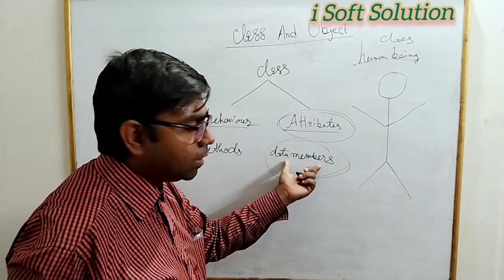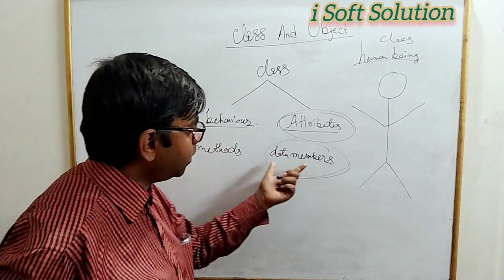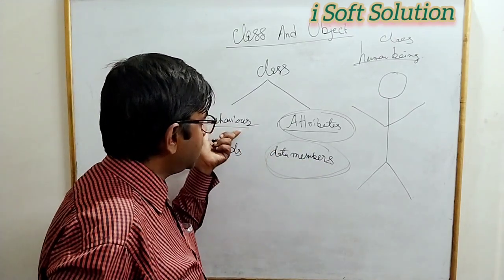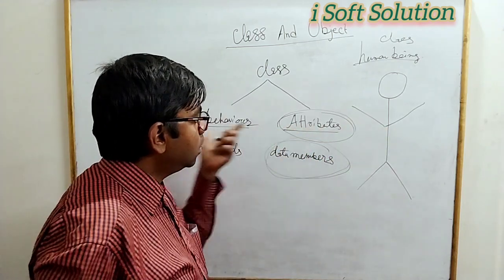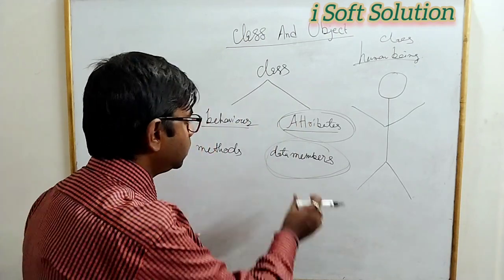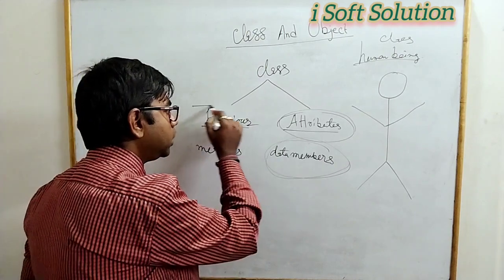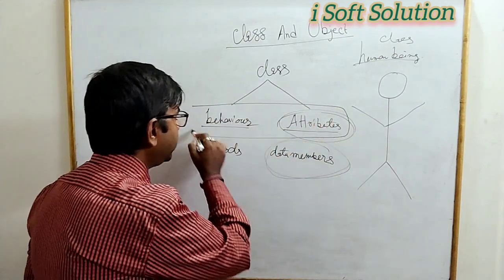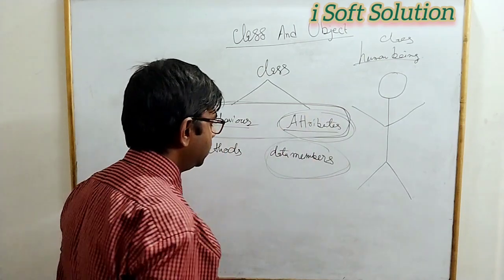is correlated with the data members. That means the methods can access data members, or the behaviors are related with the attribute. So attributes and behaviors are the related topic, or the data members and the methods are the related topic, and as a unit it can represent a class.